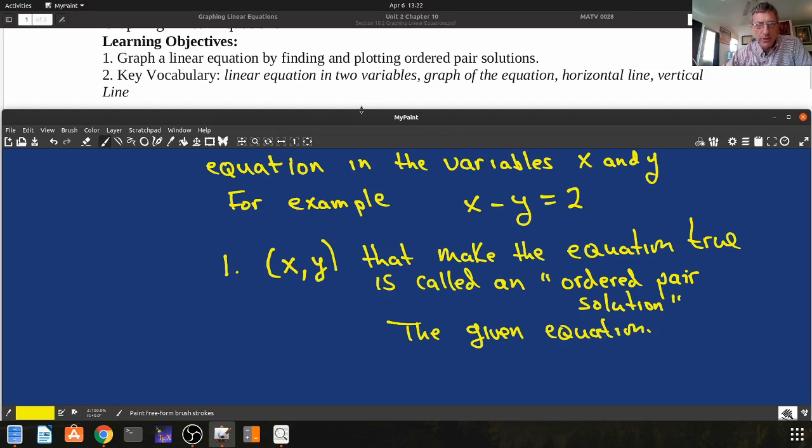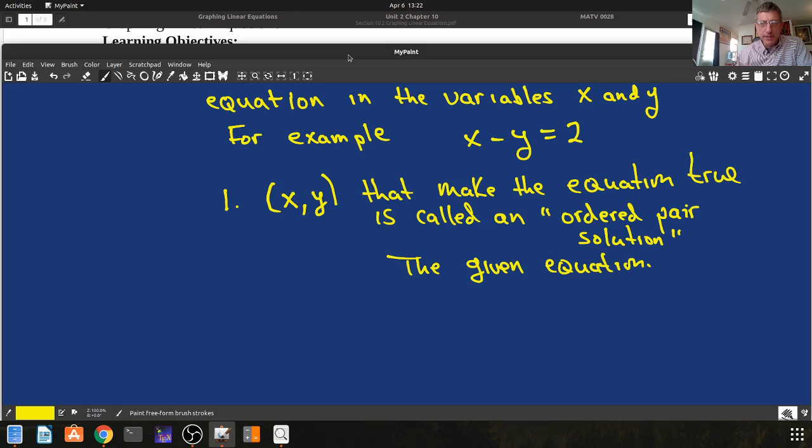Another thing we learned is that given a particular equation, like this one here, we can have more than one ordered pair solution. For example, 4 and 2 works. Remember, this is the x value and this is the y value.